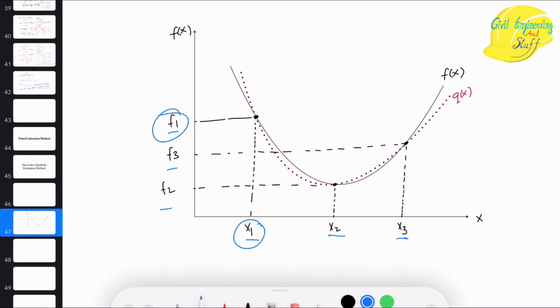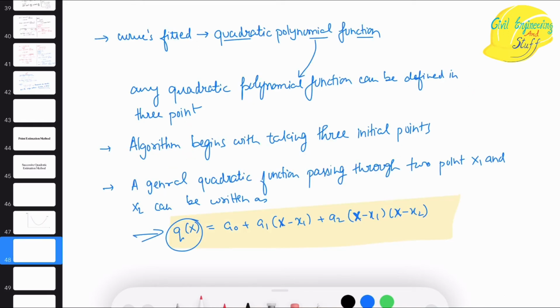Likewise, if instead of x we put x2, then our function value will be f2. Similarly, if we put x equal to x3, our function value will be f3, right? So if we put these in the equation, we can find out the value of a0, a1 and a2, right? So let us first of all find out the value of these, a0, a1 and a2.